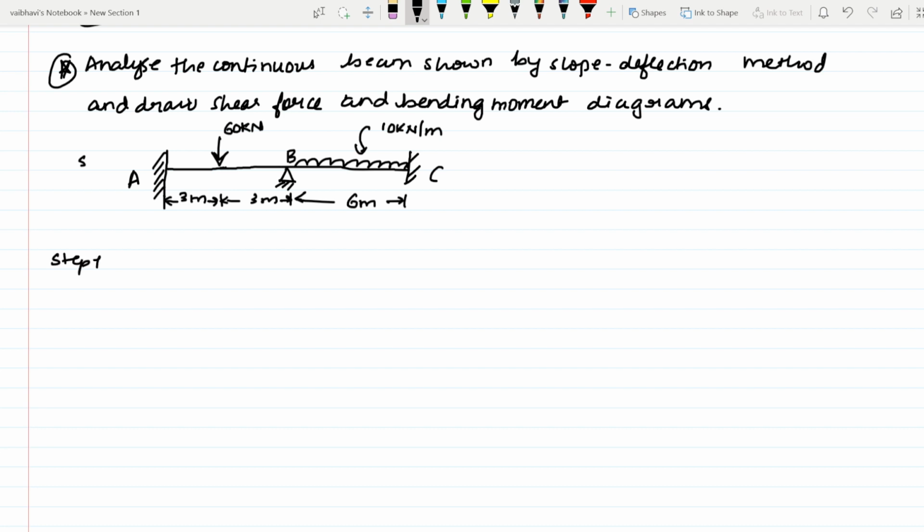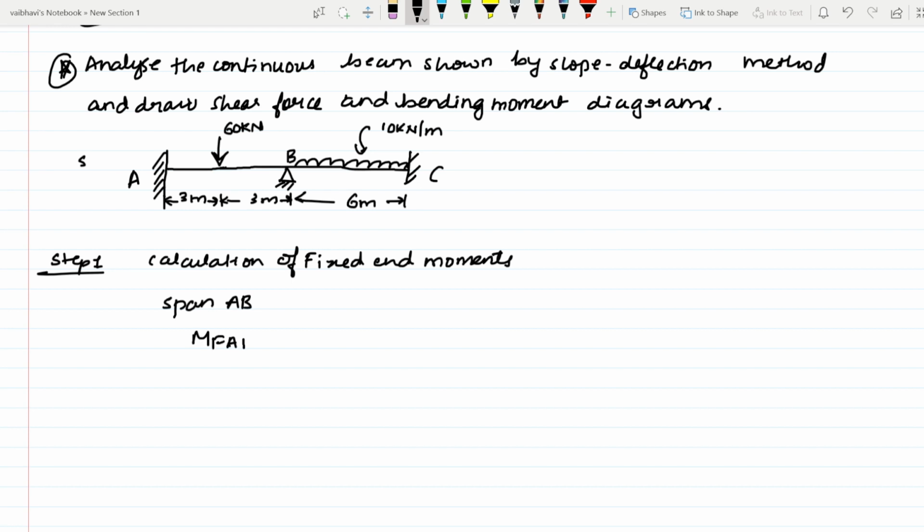First, step 1, let us calculate the fixed end moments. Span wise we have to do always. For span AB, MFAB equal to minus WL by 8, minus 60 into the span, 3 plus 3, 6, so 60 into 6 by 8, which is equal to minus 45 kilonewton meter.